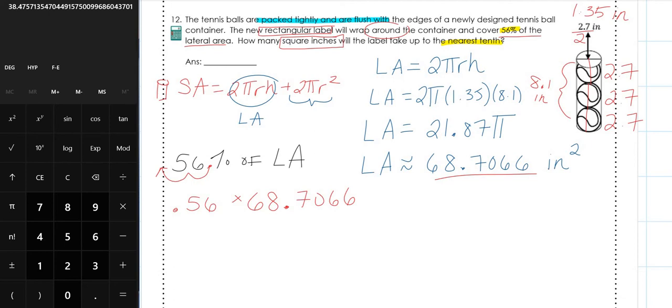Now look next door, it's a 7. That 7 says round up. So 38.5 square inches is going to be your total area. Let's go ahead and write that down. 38.5 inches squared. Okay, and now we're done.